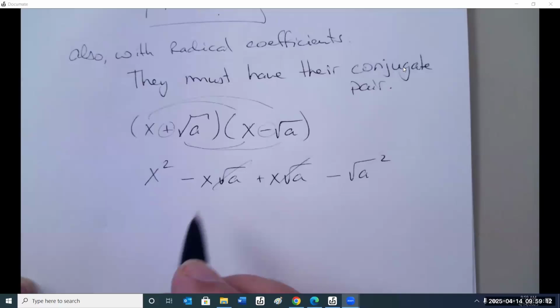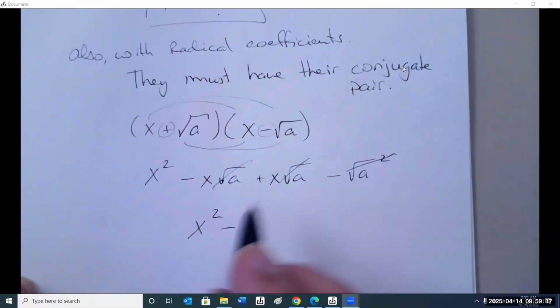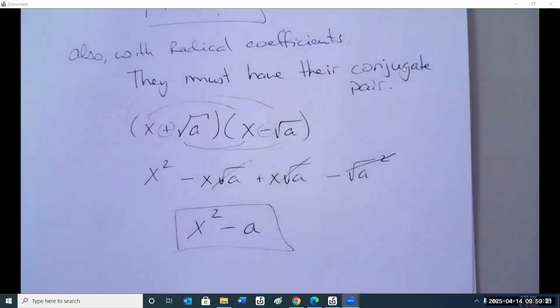The middle terms cancel. Square root and the square cancel. So we have no more radicals. Follow that so far?